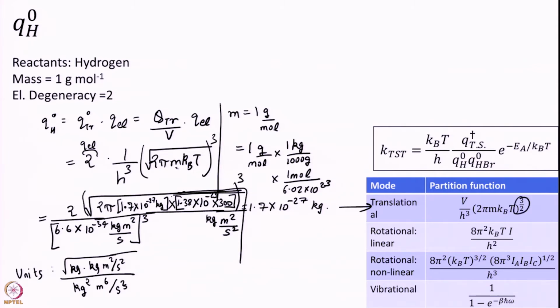So, there is a 3/2 that I had forgotten. You see the importance of looking at units, that is how I figured out I have made a mistake. Now this becomes kilogram cube meter cube per second cube divided by, I also had kilogram cube here, meter 6 by second cube. Kilogram cube cancels, this cancels. So, I am left with 1 over meter cube.